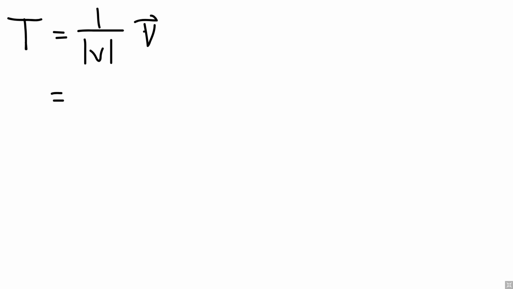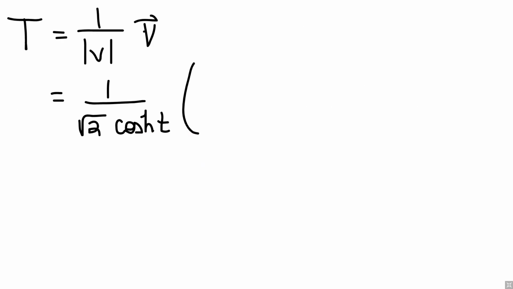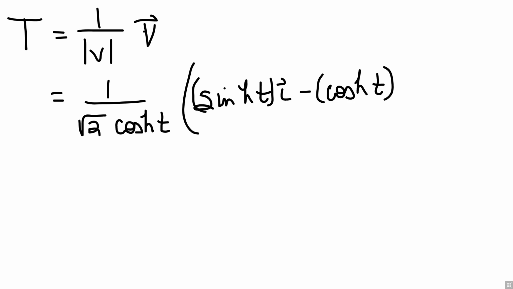So it's going to be 1 over the square root of 2 times the hyperbolic cosine of t. And then we're going to multiply that by v, which we found to be hyperbolic sine of t in the i direction minus hyperbolic cosine of t in the j direction plus 1 in the k direction.